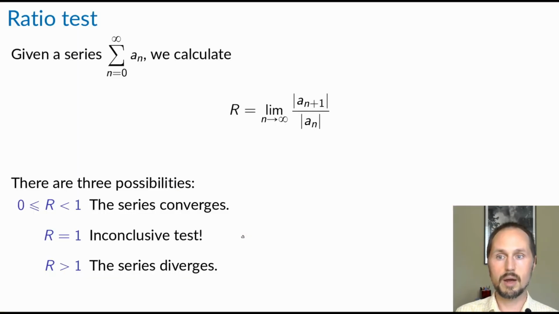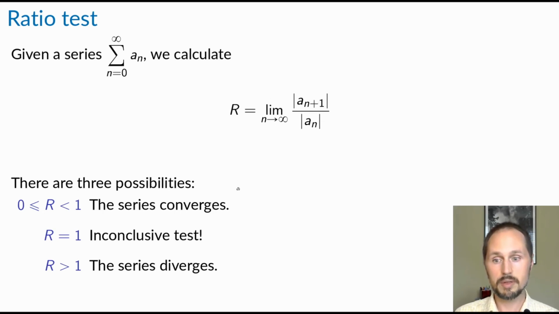Given our series sum n equals 0 to infinity of a sub n, what we're going to calculate is the limit as n goes to infinity of the ratio of the n plus first term divided by the nth term. That looks an awful lot like what we saw in our characterization of the geometric series, except here we're taking a limit.